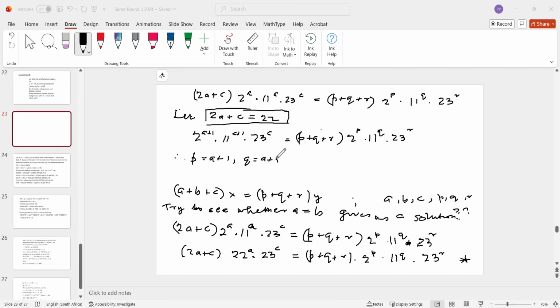So let's have a look at this now. If p equals a plus 1, we have p and q now in terms of a. We've got c in terms of a also. So we're getting there.